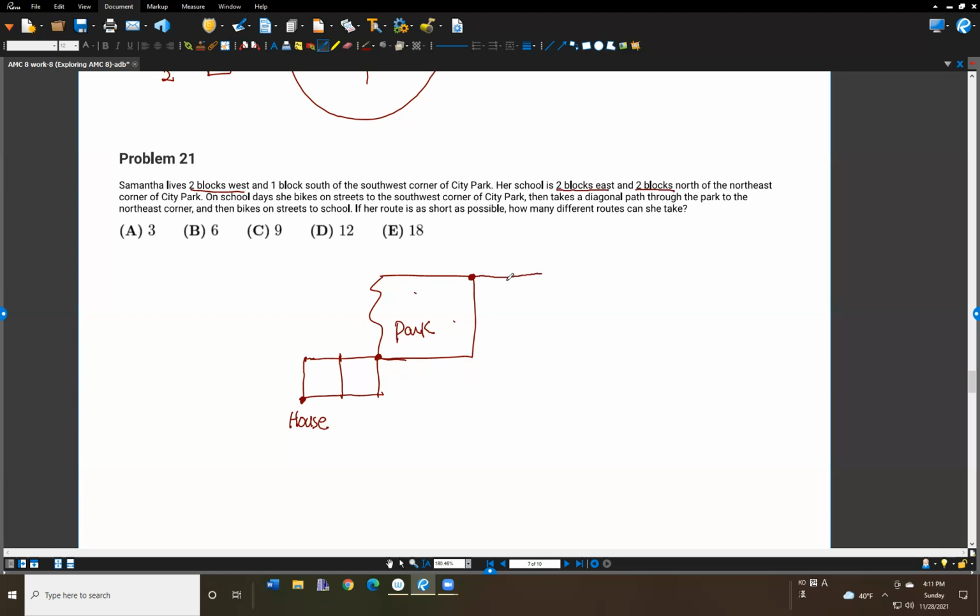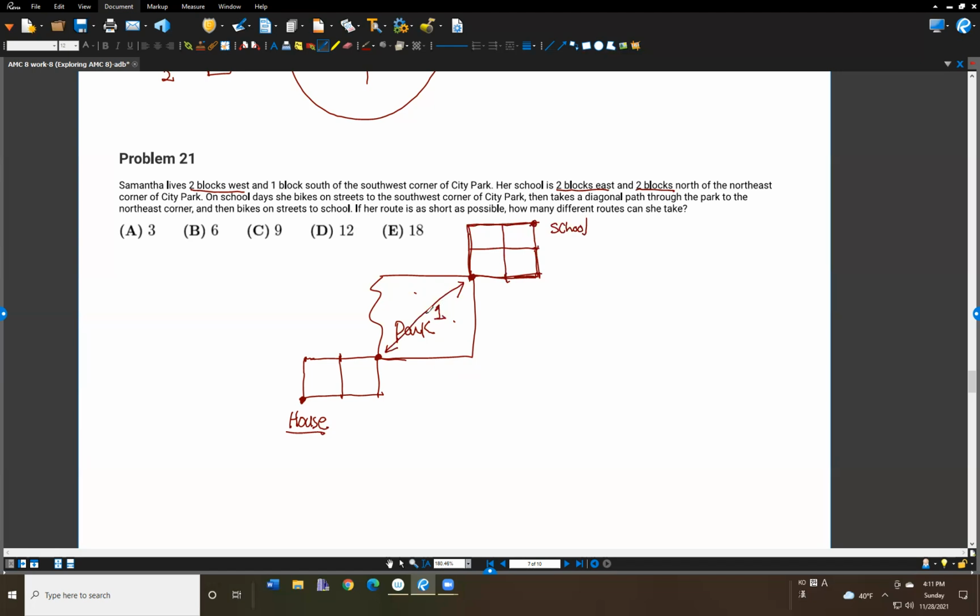It's the school. A block means we have the street over here, right? That's the block. So from here to here, there's only one way, because there are no other blocks. There's only one.